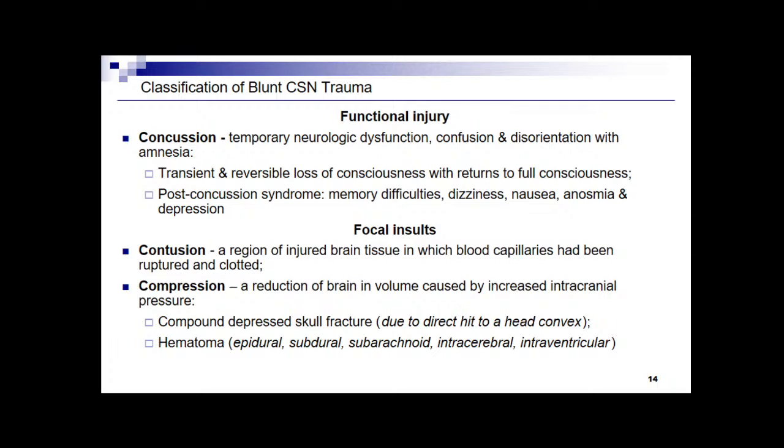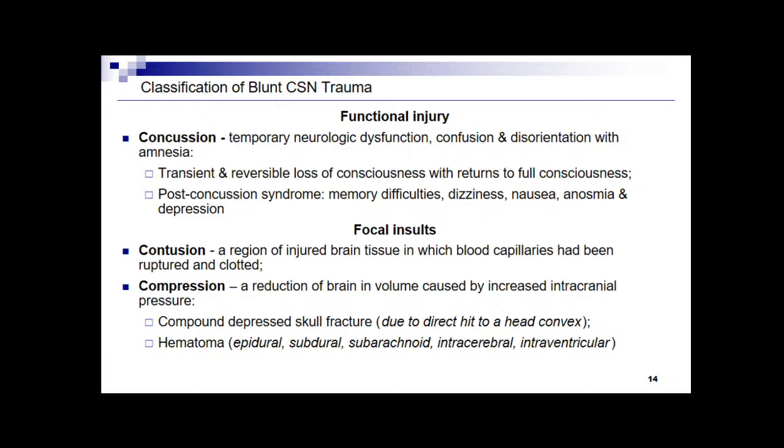The first group is the functional injury group, states which have a functional nature. This is concussion. Clinical classification of brain injury: concussion, compression, contusion.